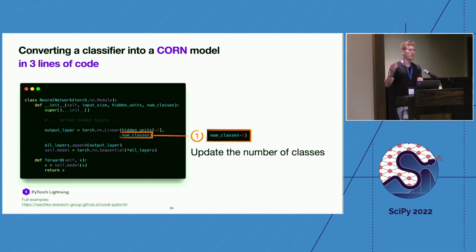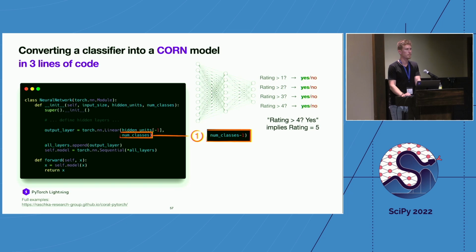That is because the last node would be redundant, like we said before. If we have a rating of 5 and we answer rating is greater than 4 with yes, it would imply 5. So we don't need that last node. It's redundant. So the only modification here is we set the number of nodes to number of classes minus 1, as I just explained.